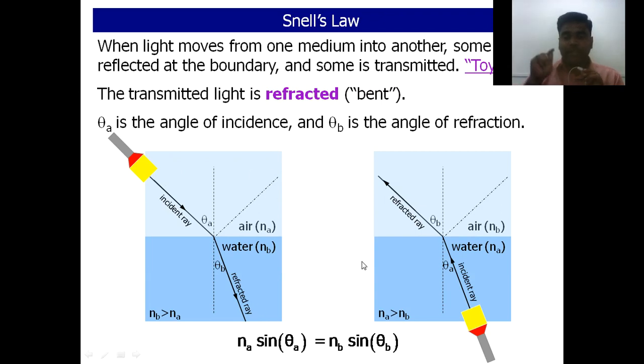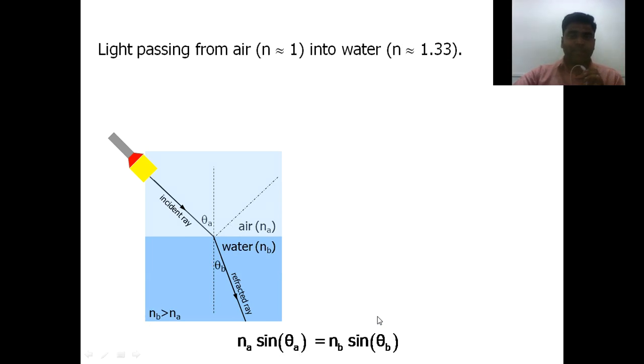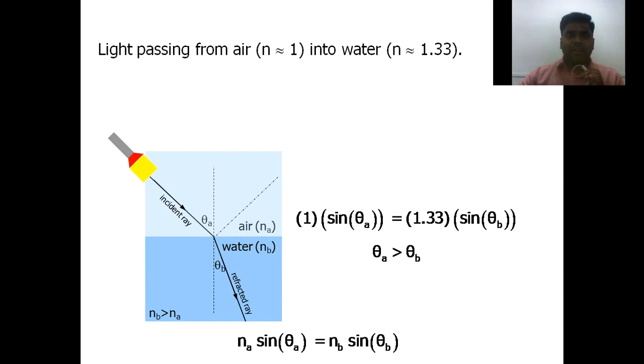And if the incident ray travels in water and then enters the air medium, the refracted ray and the angle will differ. We can calculate this with Snell's law. The equation is nA sin θA = nB sin θB. With this we can calculate the refraction in different mediums, for light passing from air into water and water into air.